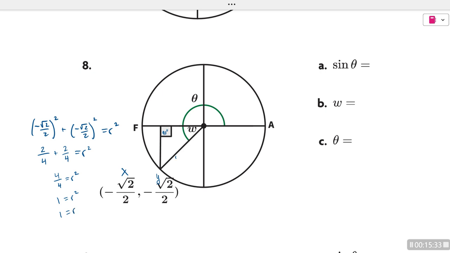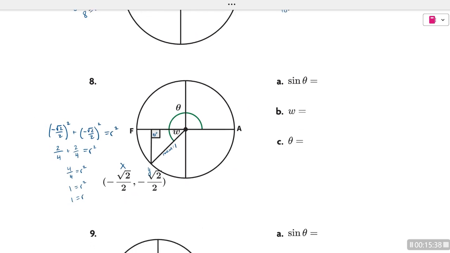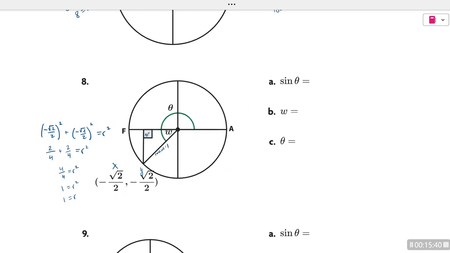And our radius is a distance, so it's always going to be positive, right? X and Y can be negative because it's the location on this coordinate system, but our radius is always a distance, so it's positive. So sine, well, if we got a radius of 1, that means sine is just negative square root 2 over 2 divided by 1, or we can just leave it as negative square root 2 over 2.